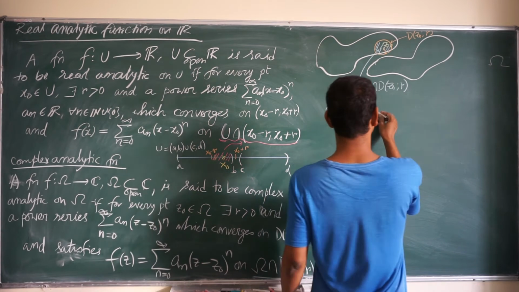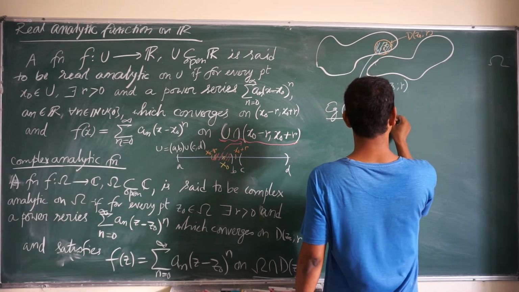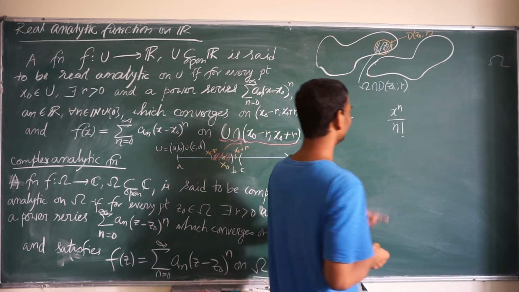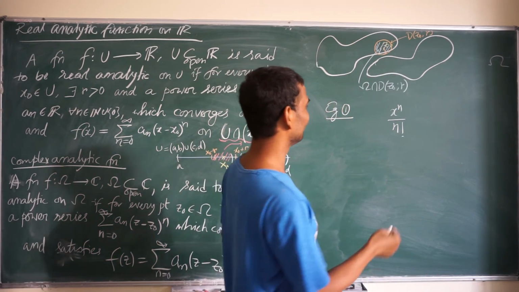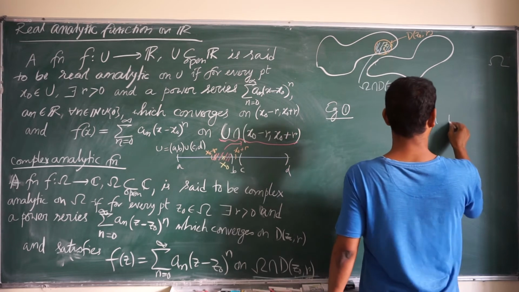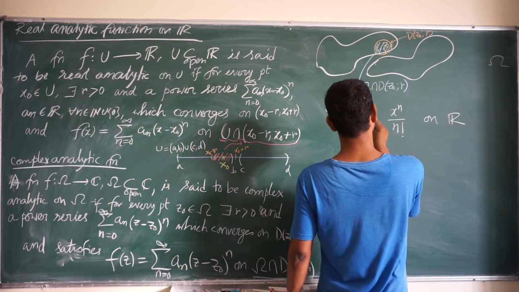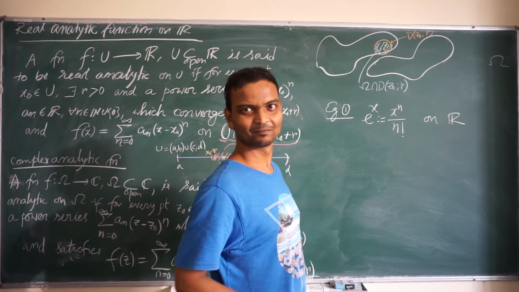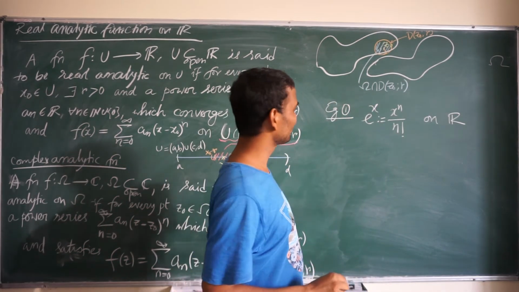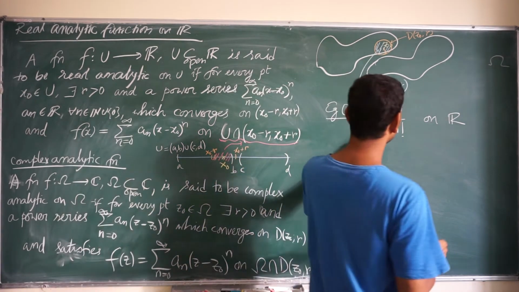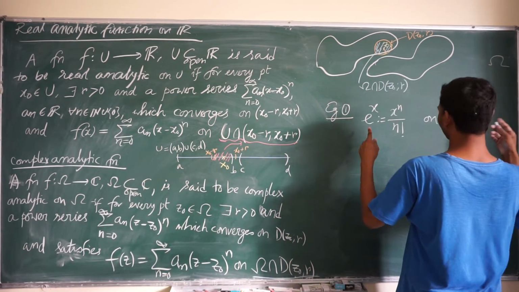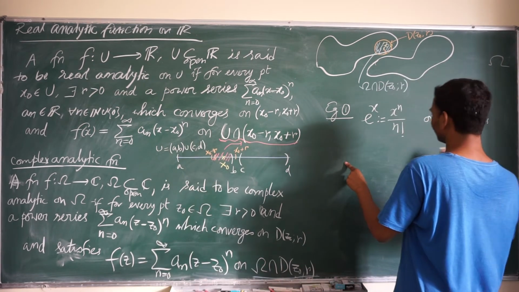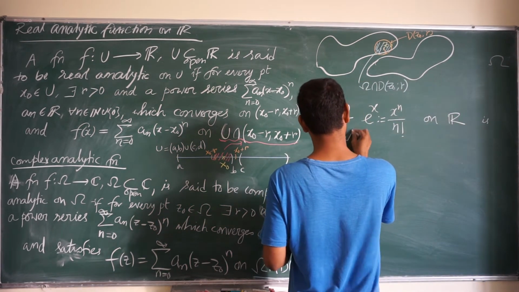So you have x to the power n by n factorial, which converges on the whole of R, and this is nothing but the exponential. Is exponential real analytic?